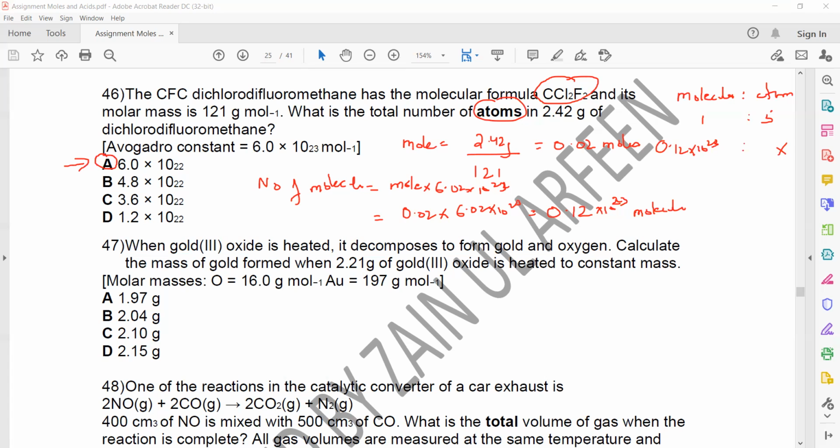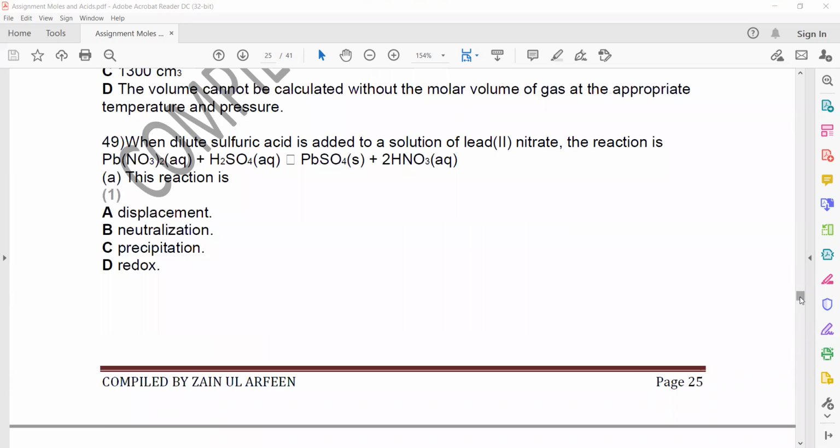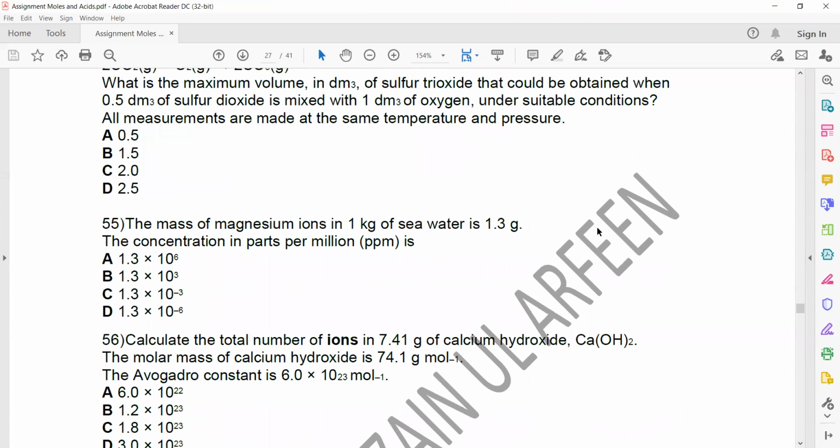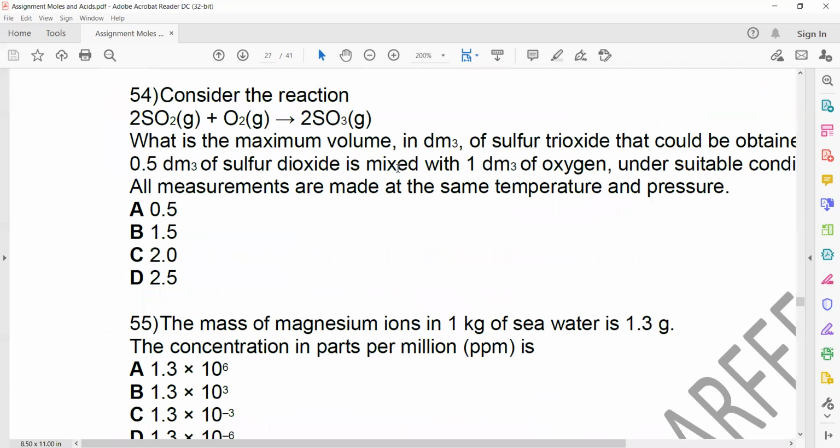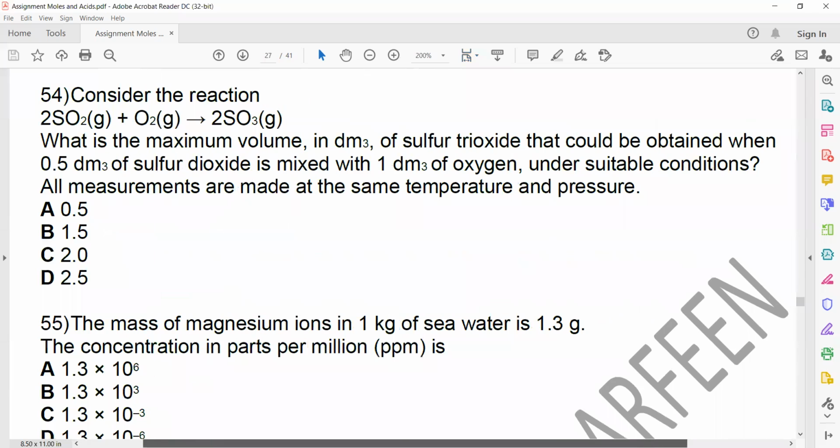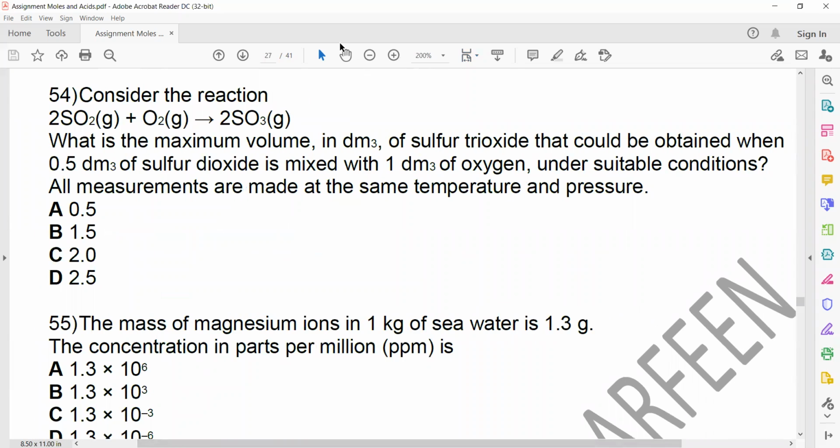Next is question 54. In question 54, considering the reaction sulfur dioxide reacted with oxygen to give sulfur trioxide, what is the maximum volume for sulfur trioxide that could be obtained when 0.5 dm cube of sulfur dioxide is mixed with 1 dm cube of oxygen?